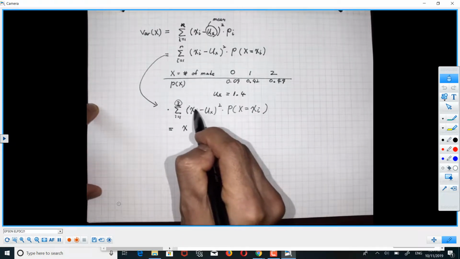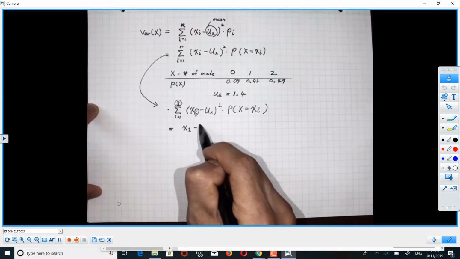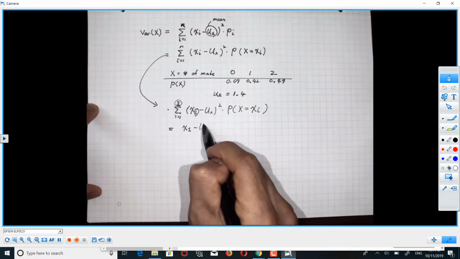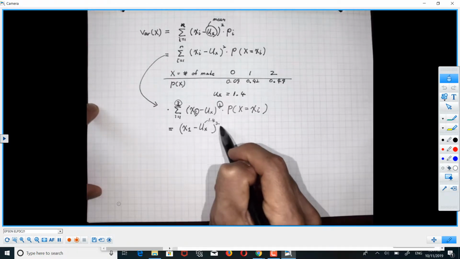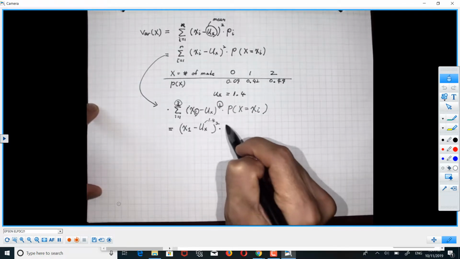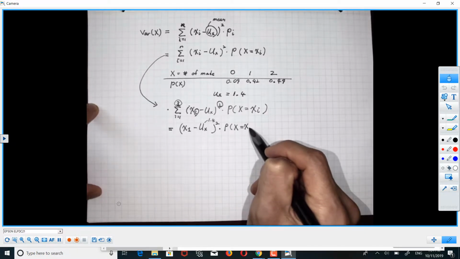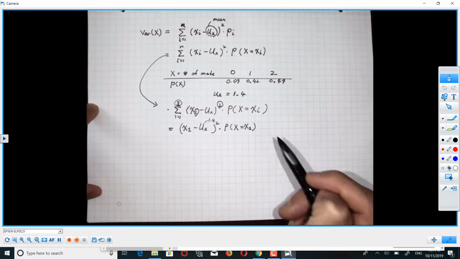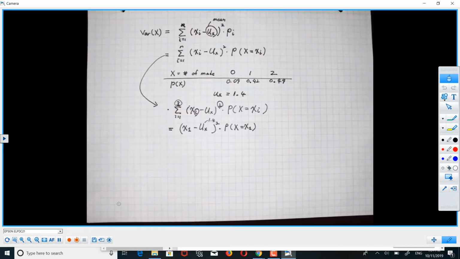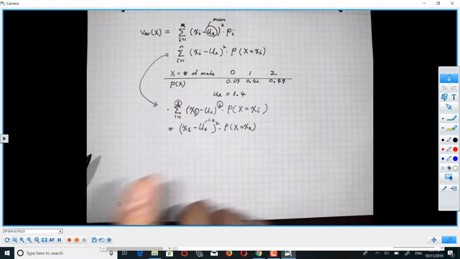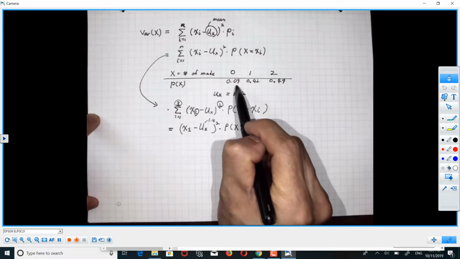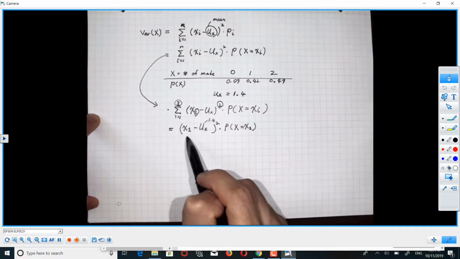And so this is equal to what? x1, so i becomes 1, x1 minus mu x, which is 1.4, squared, times the probability that x is equal to x1, as you can see in this table.